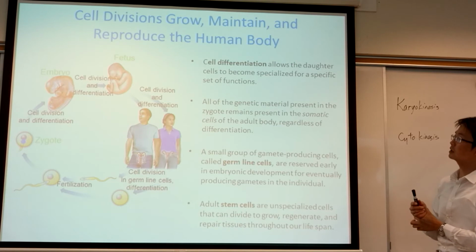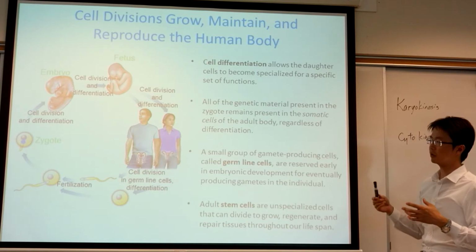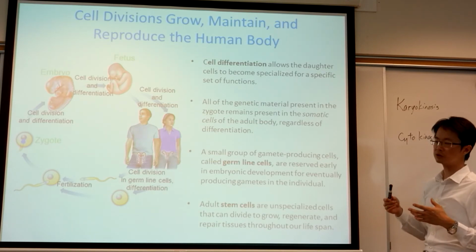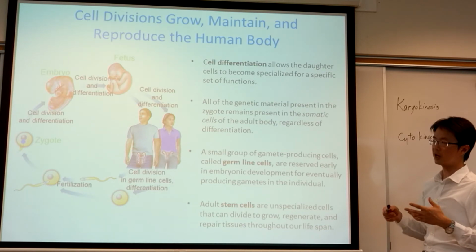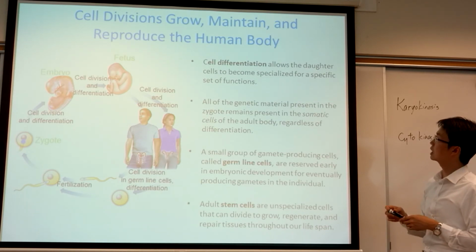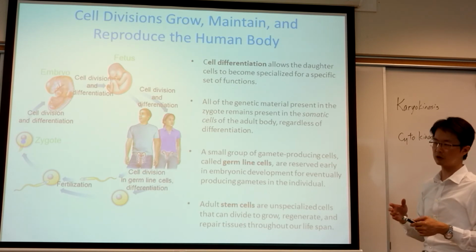And then after the cell division and the embryo is growing, the most logical step following is cell differentiation. Cell differentiation means that the cells start to develop their specific roles or functions.